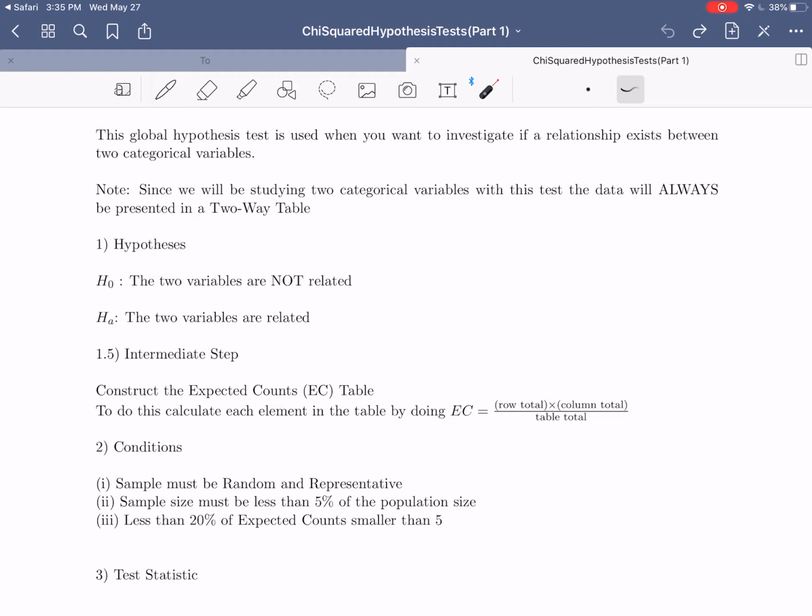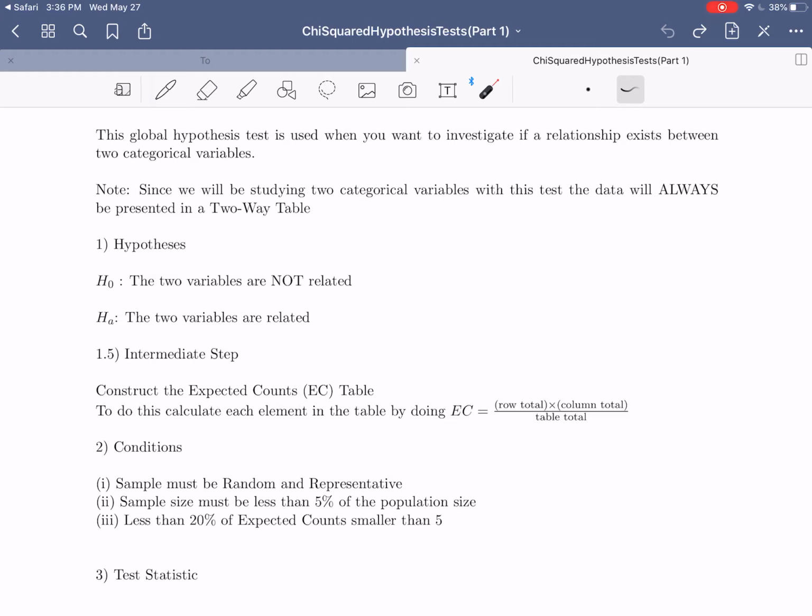If we just think of two random categorical variables, maybe something like hair color and choice of educational major, our initial thought would be that those two variables are not going to be related. If you think that they are related, it would be on you to provide evidence for that. So our null hypothesis is always going to be that the two variables are not related. The alternate, or the claim, is always going to be that the two variables are related. So in other words, we're trying to find evidence for the claim, trying to find evidence for the relationship here.